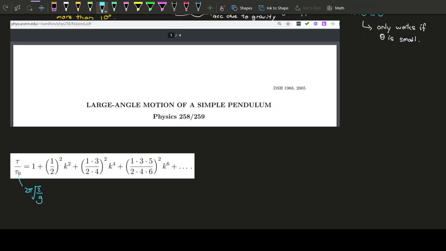This T naught here is the original period when the angle is small, and the new period is represented by this power series here. Power series, I think you learned about it in geometric progression probably, I'm not sure. This K here is actually sine theta over 2, if I'm not mistaken. Well, it's out of your syllabus. Even I never heard of this formula before.